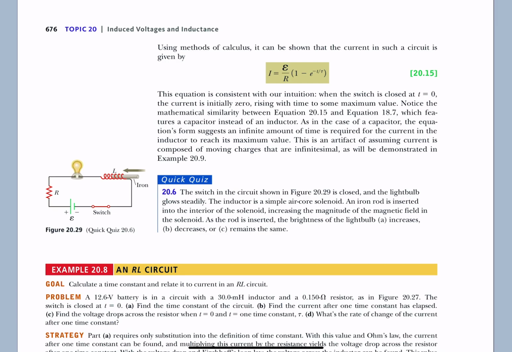Now here, you recognize that if I did not have the part of the equation in parentheses, 1 minus e to the negative t divided by tau. Tau is the Greek letter T for time constant here. If we didn't have what's in parentheses, you'd have I equals script E over R, which is nothing more than Ohm's law. Your maximum current would be script E over R, your electromagnetic force.